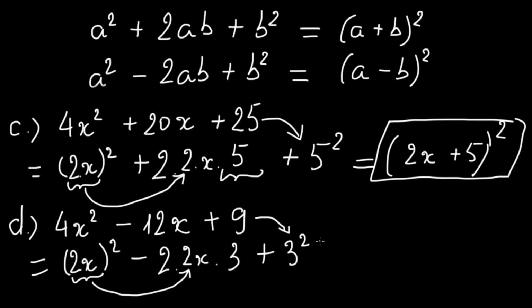And then it equals 2x minus 3 squared, because this is a squared, subtract 2 times a times b, plus b squared. 2x is a, subtract b, which is 3, all of them squared. And this is the final answer for question D.